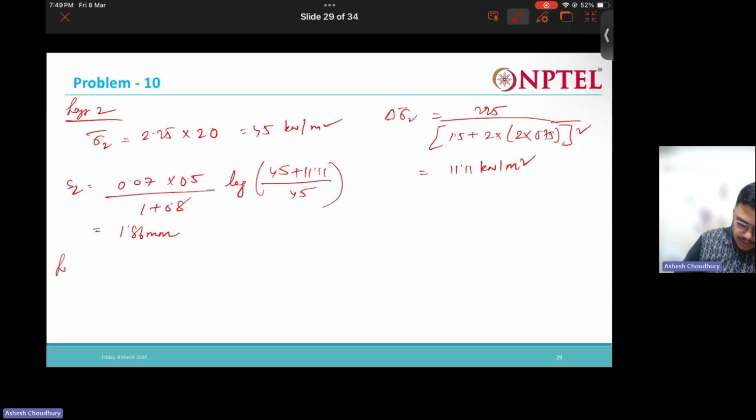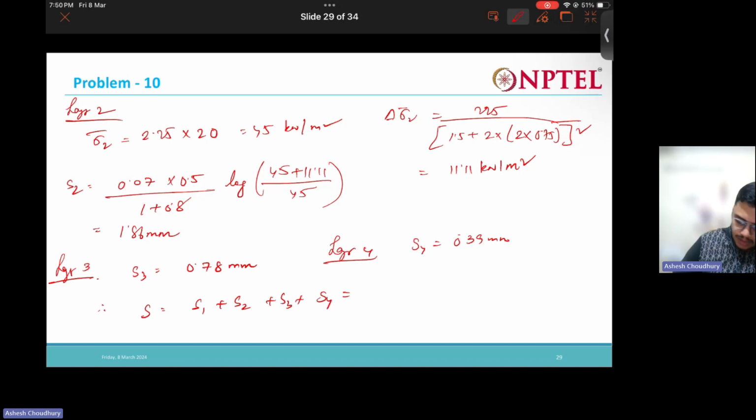Okay, similarly layer 3. Layer 3 will give S3. So do this yourself. I am giving you the answers, just do this yourselves and see if you are getting the same values, and for layer 4 you will get, okay, therefore total settlement is S1 plus S2 plus S3 plus S4, which is 9 mm.